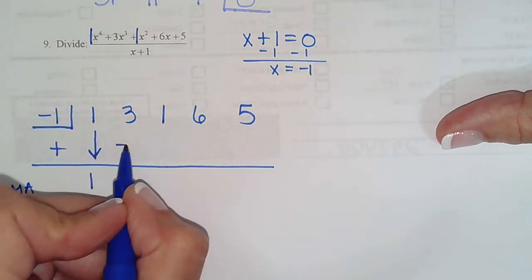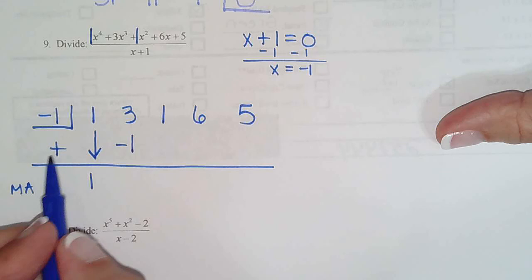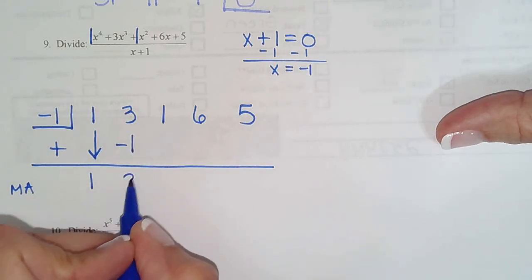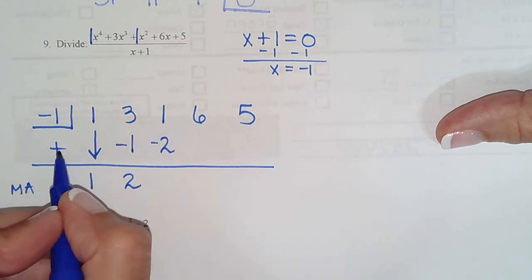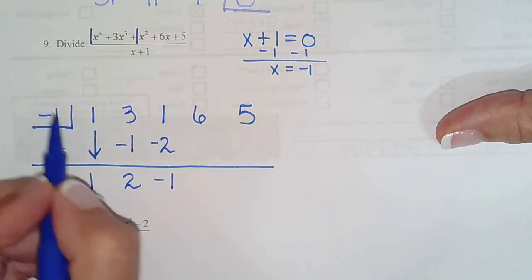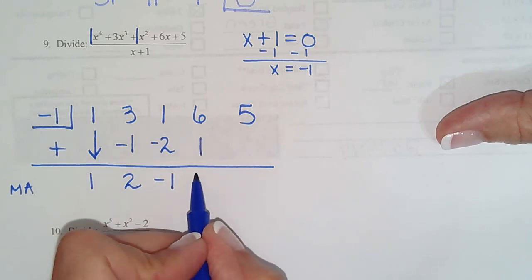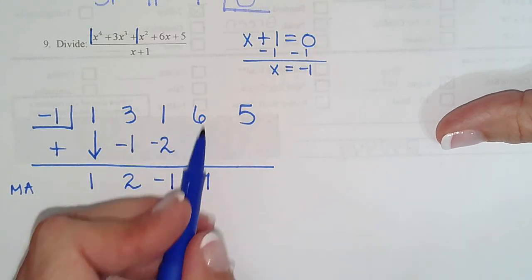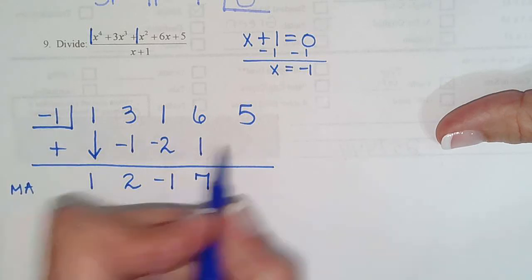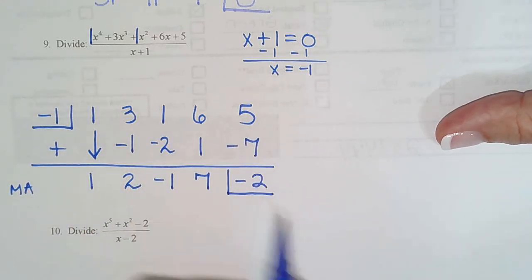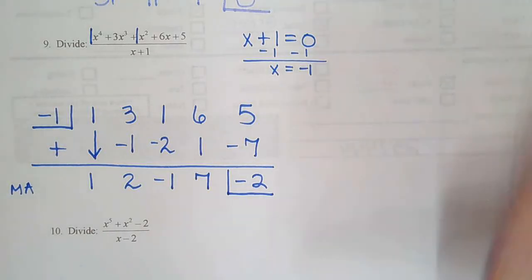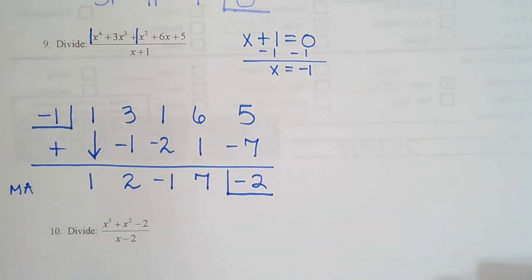So multiply, -1. 3 plus -1, or 3 minus 1, 2. Multiply, -2. 1 plus -2 is -1. Multiply, 7. Add, 6 plus 1, 7. Multiply, -7. Remainder, -2. And we're about to run out of time, so we'll finish this one on the next page and do the last one on the next video probably.